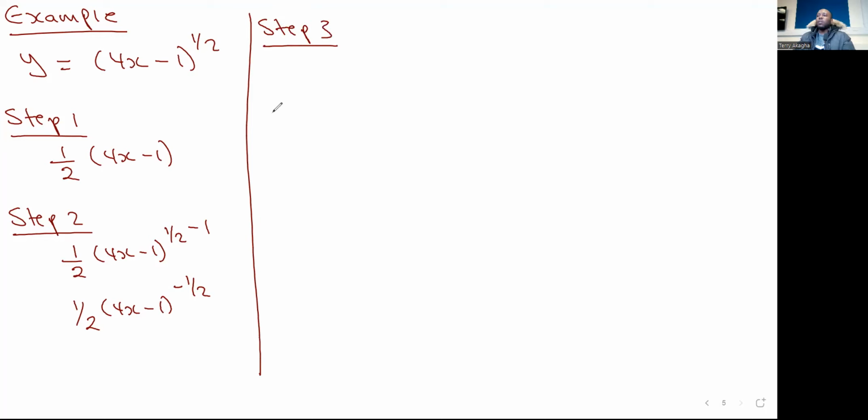Then, step 3, you differentiate what is in the bracket. When you differentiate 4x - 1, you're going to get what? 4. Then you multiply the answer you get by the answer from step 2. So that's going to give us 4 multiplied by 1 over 2 (4x - 1), all raised to the power minus half.